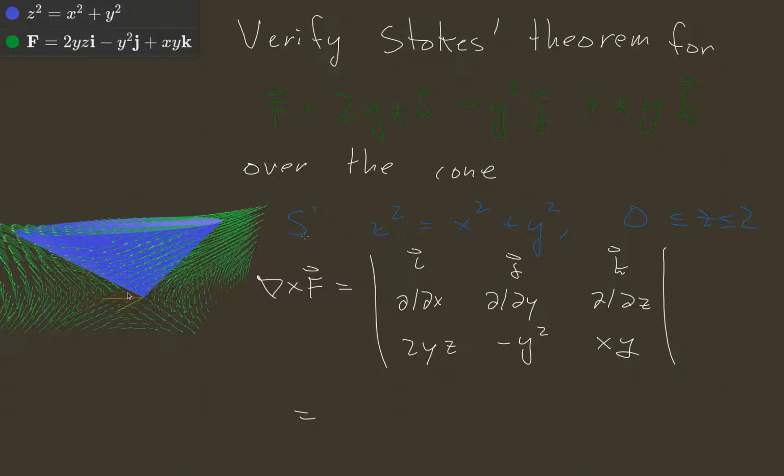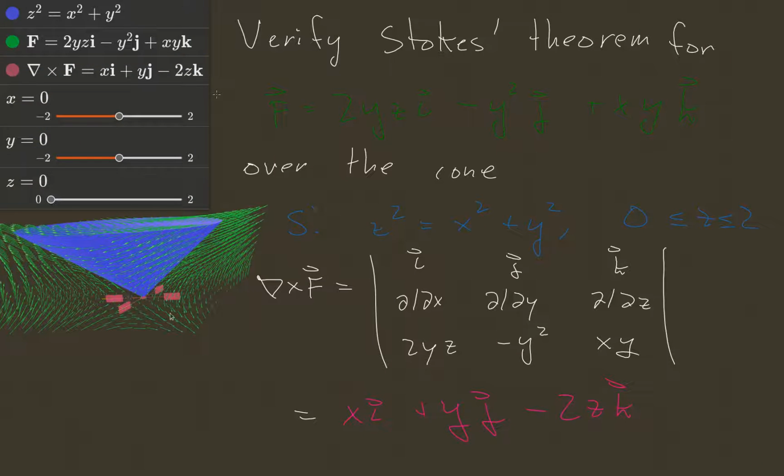And so for i we've got x and then 0, so x i. For j we've got 2y minus y, so plus y j. And for k we've got 0, and then this is minus 2z k. So here is the curl.